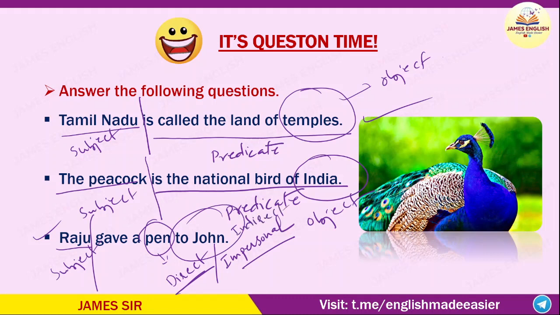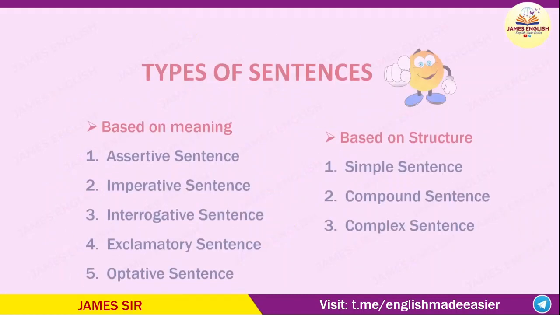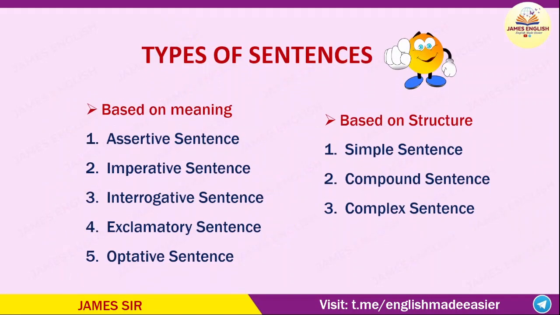So friends, having learned what the subject is, what the predicate is, and what the different types of objects are, now let us move on to types of sentences. There are two types of sentences: based on meaning and based on structure. Based on meaning, there are five types: assertive, imperative, interrogative, exclamatory, and optative.